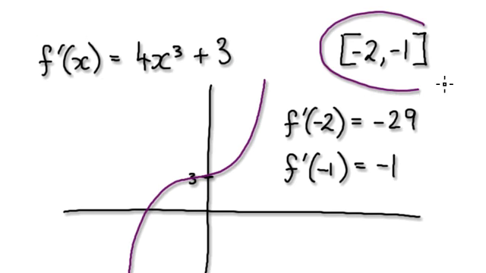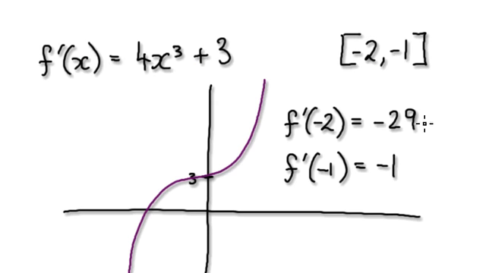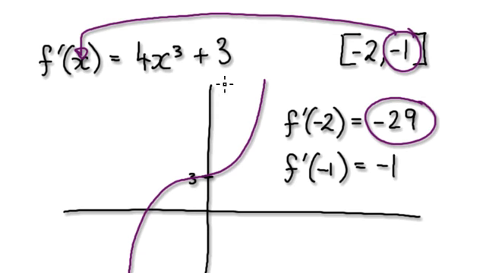Now in this interval, put -2 into here. That will give you -29. So the derivative at -2 is -29. If you put -1 into here, then the gradient at -1 will be -1.